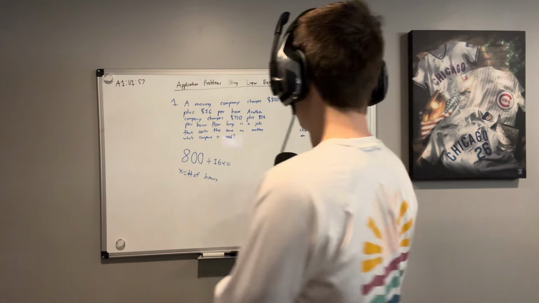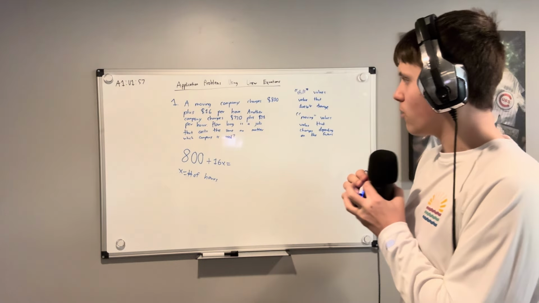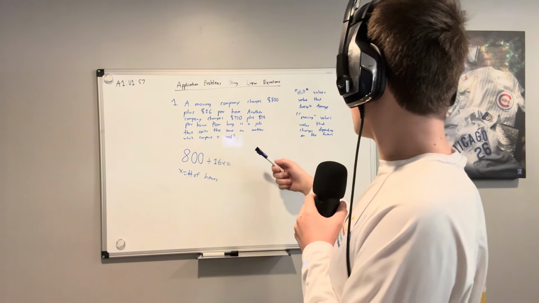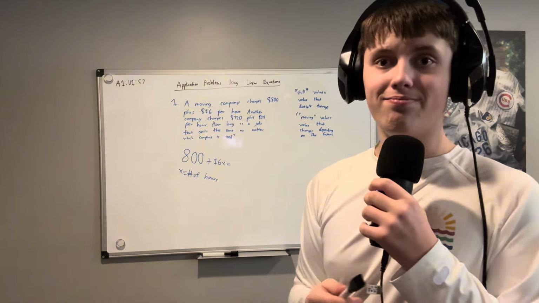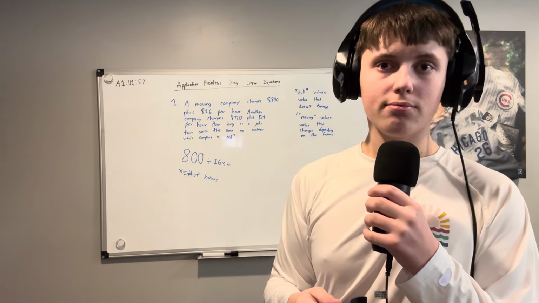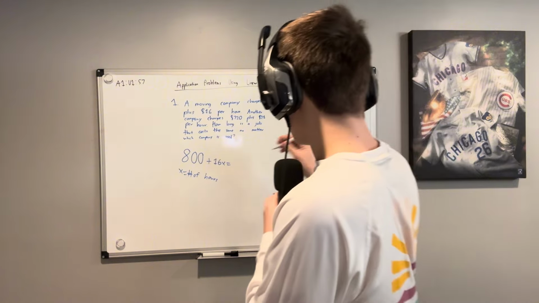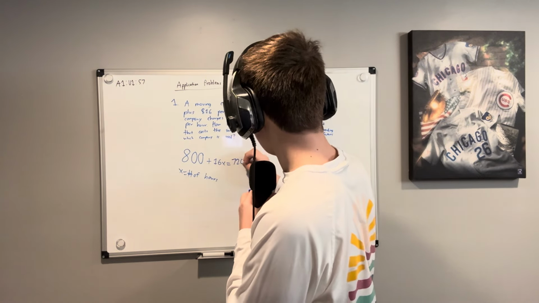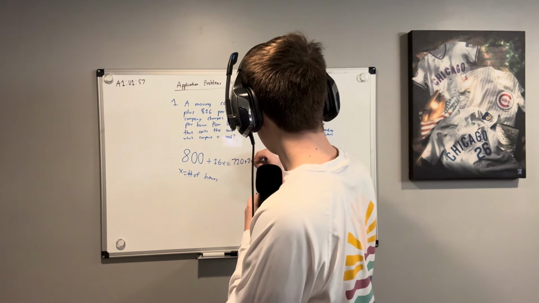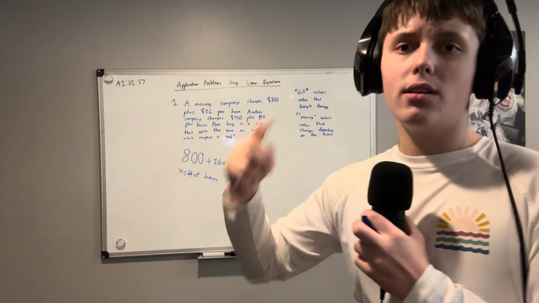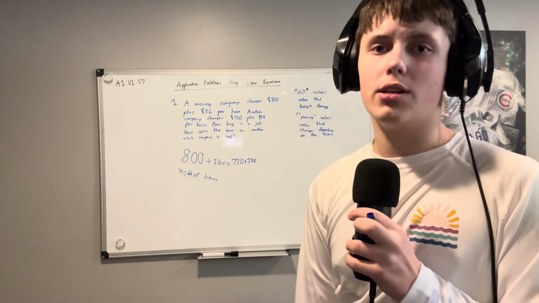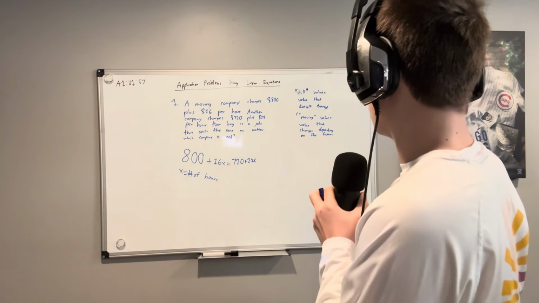And now we do the same thing. For 720 and 21, which one is the still value and which one is the moving value? Right, 720 is the still value and $21 is the moving value. So there we go. Now all we have to do is solve the equation based on what we learned from the last episode.